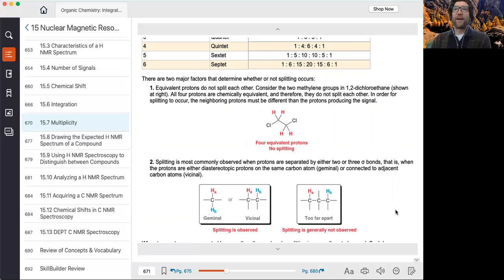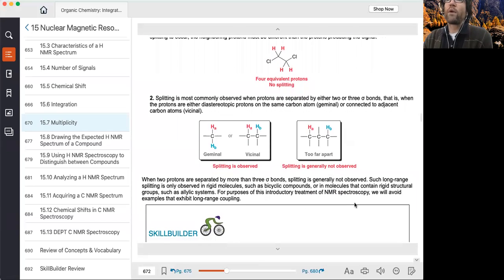The second major factor is that splitting is only really observed between 2 or 3 bonds. So what that means is either splitting on the same carbon or splitting on the neighboring carbon. If you have 2 carbons away, you don't typically see splitting from A to B in this scenario. It's just too far.